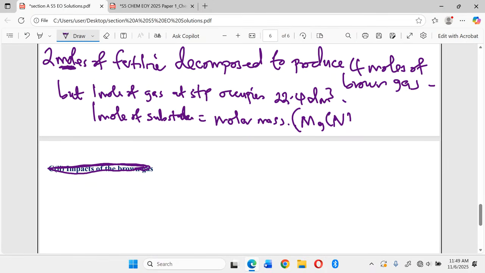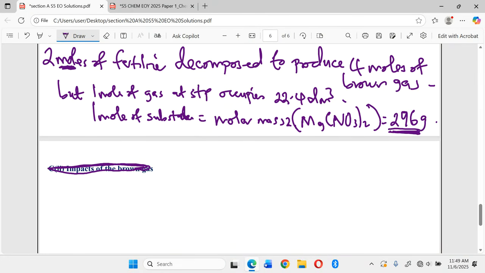But there are 2 moles, and when you calculate it, it is equivalent to 296 grams, which will be equal to the 2 moles.